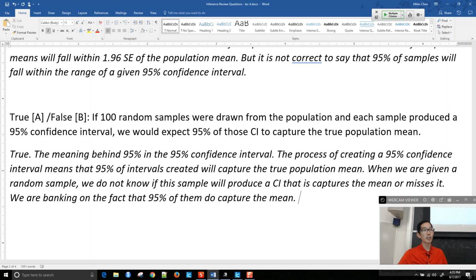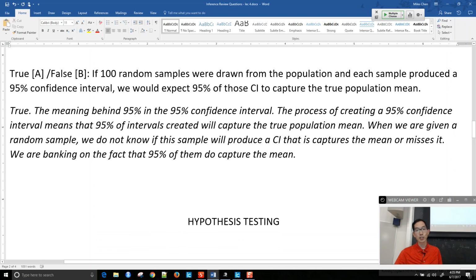However, it's possible that the confidence interval we created is one of those 5% that misses it. So when we create a confidence interval, we're basically saying, I'm 95% confident that it does capture the population mean, but 5% of created intervals will miss the population mean.